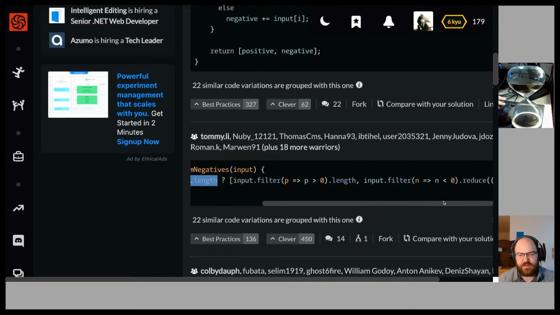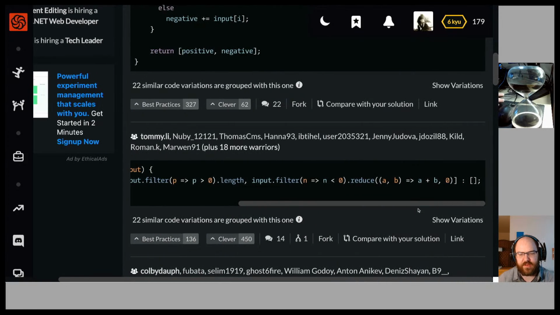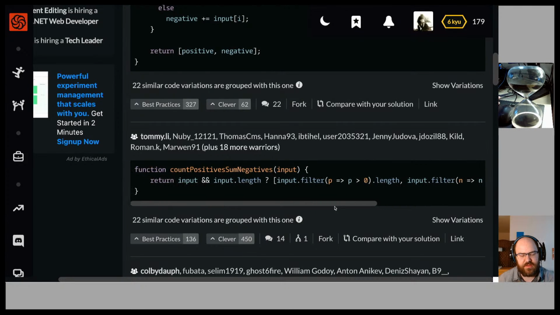Input.filter. Wow, got a lot going on. After the colon is the empty array, which is what you return when either input is null or input.length is 0, which is falsy. Okay, that makes sense.